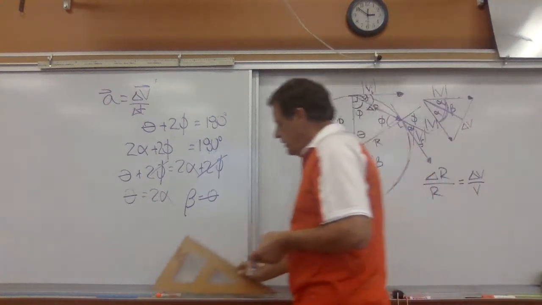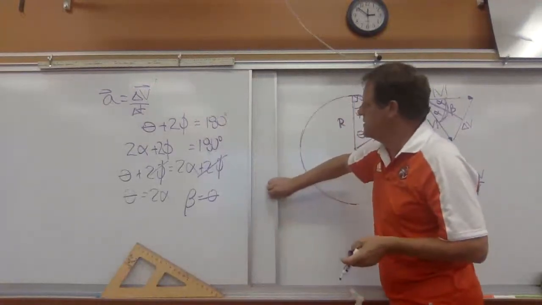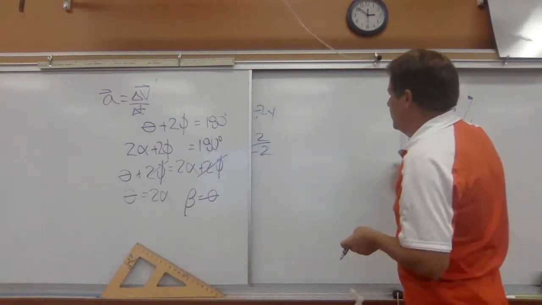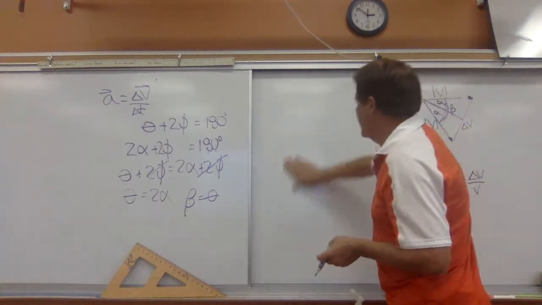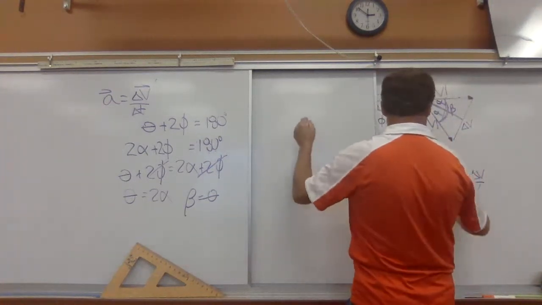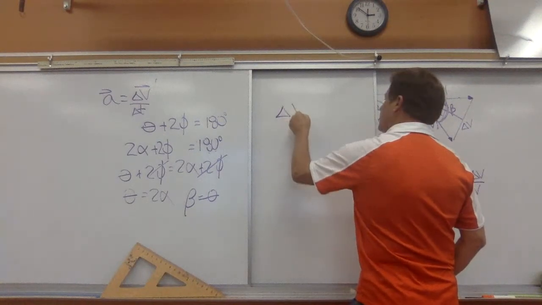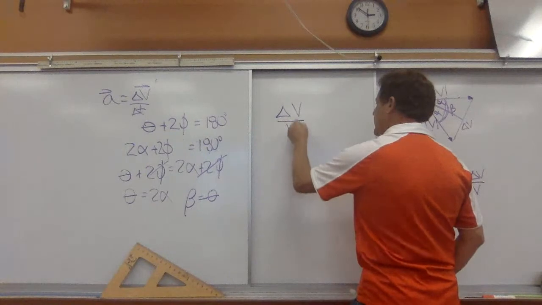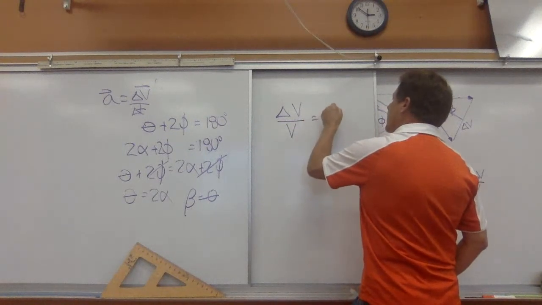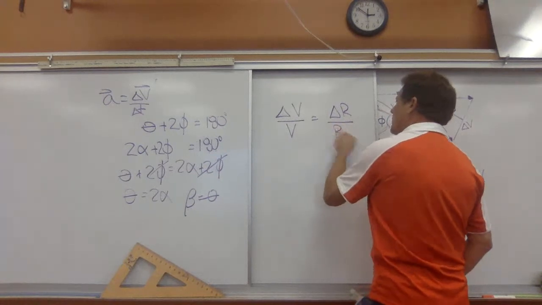Now, because they are congruent, what we can say here is that delta v over v is equal to delta r over r.